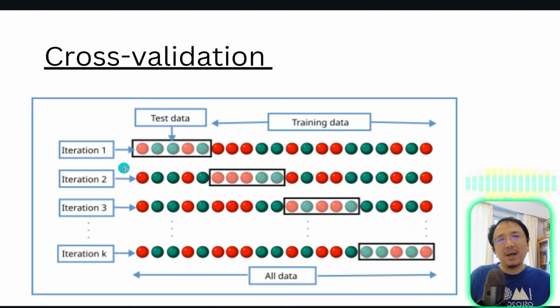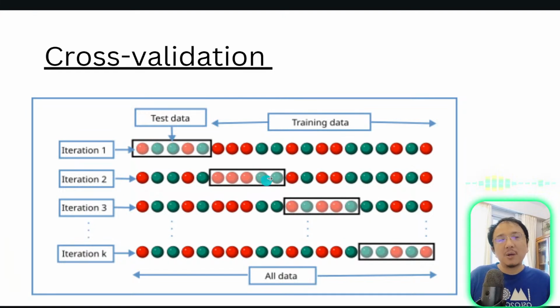We do things in different iterations or different batches. In this case, just think we have a 4-fold cross-validation. We put 25% of the data as our validation data, and the other 75% as our training data. We do our process and see the testing performance as our validation performance.